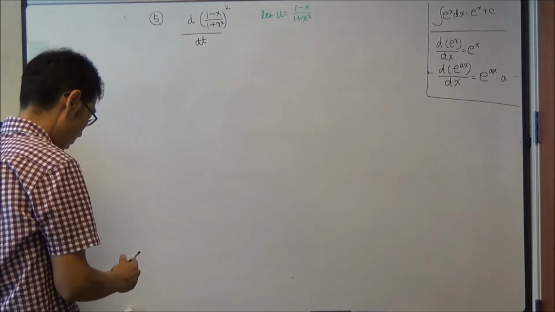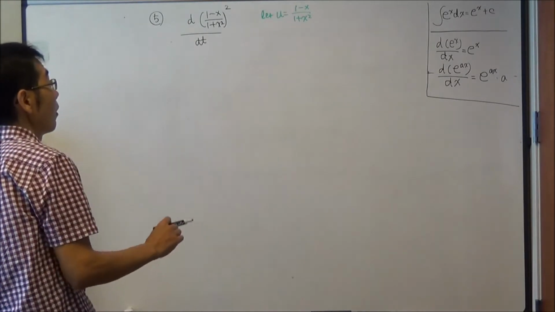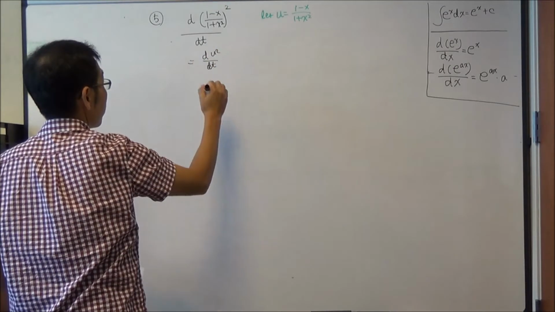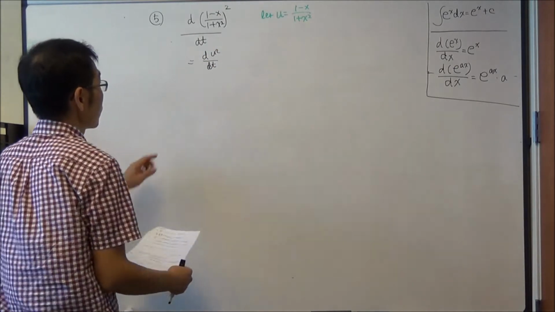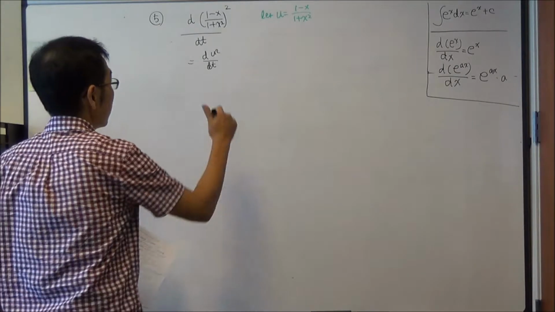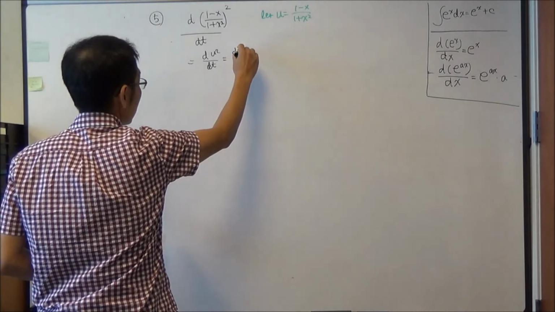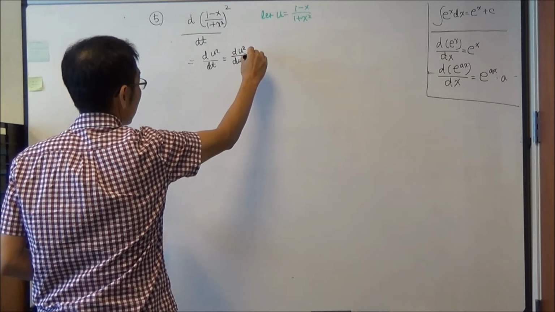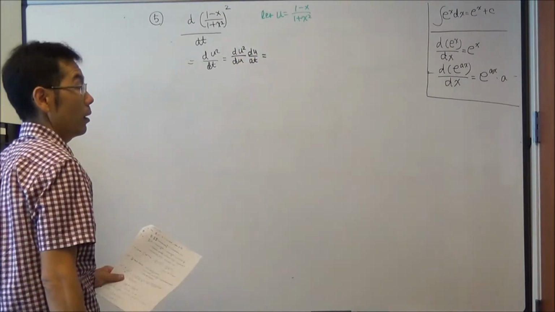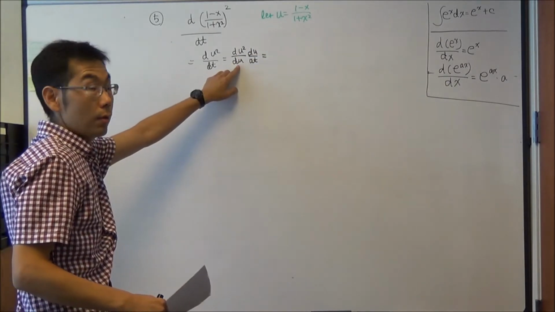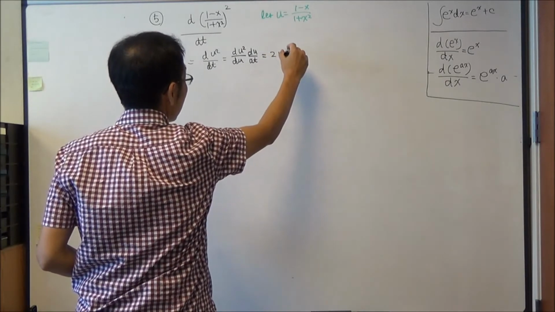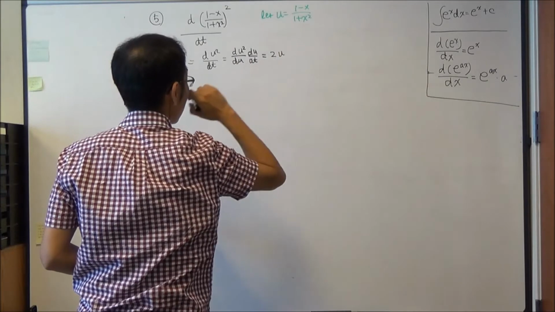Which means this one is like d u squared over dt, which means du squared over du times du over dt. So what is this one? du squared over du is 2u, right? And then d over dt.